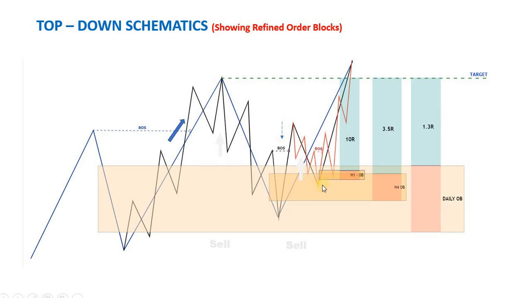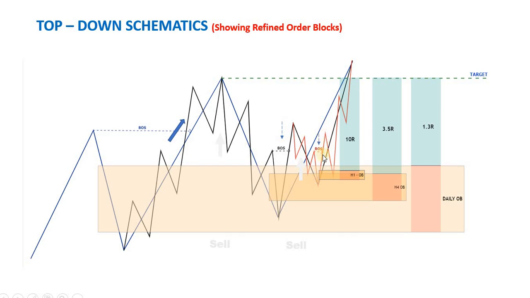When we are satisfied that we are at the discount level of the 4-hour trading range, we now look for a bullish break of structure on the 1 hour. By this time, we have time frame confluence across the entire time frames, the 3 time frames.